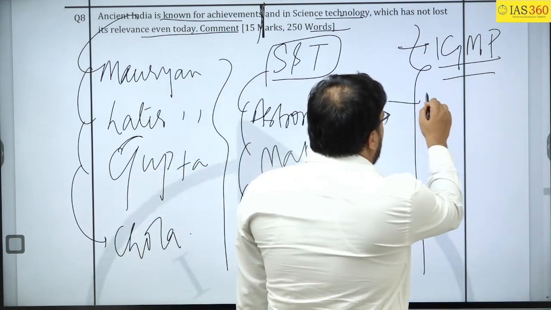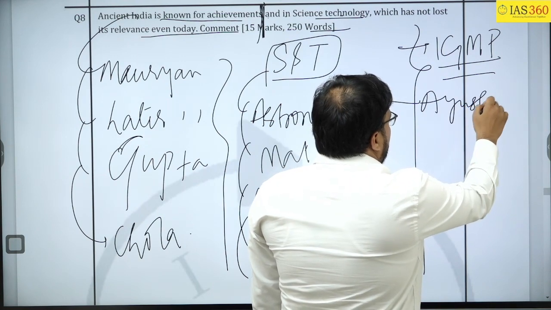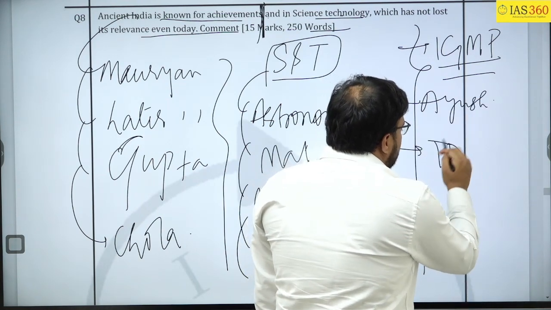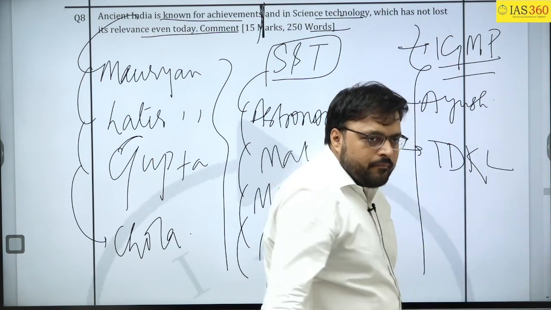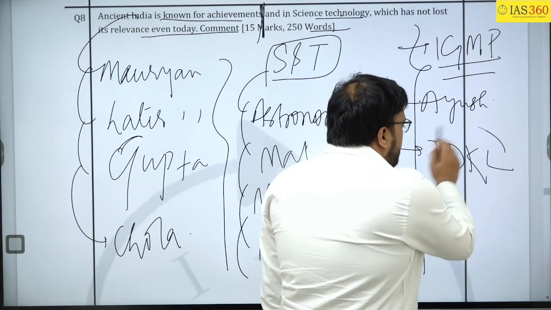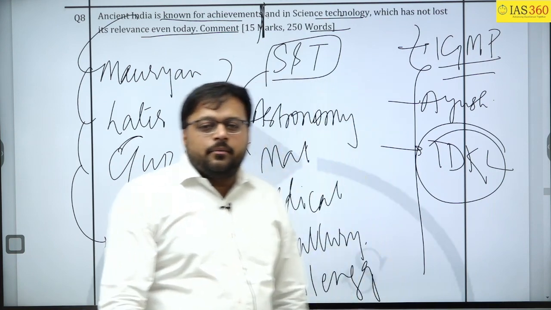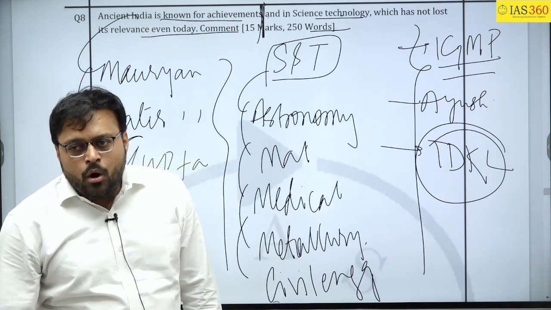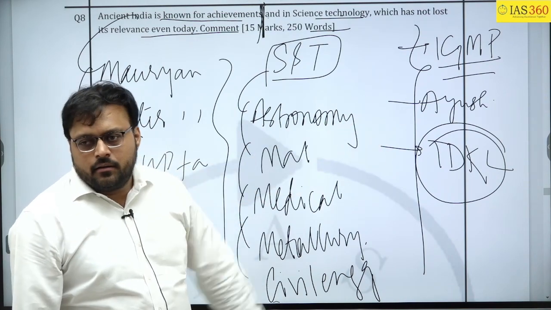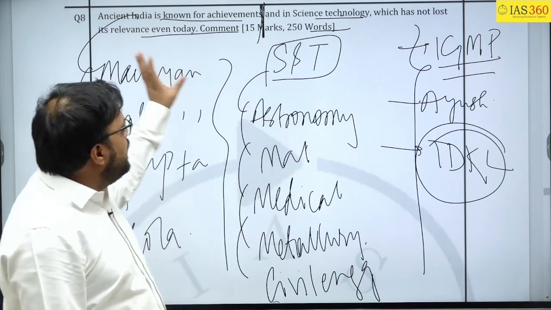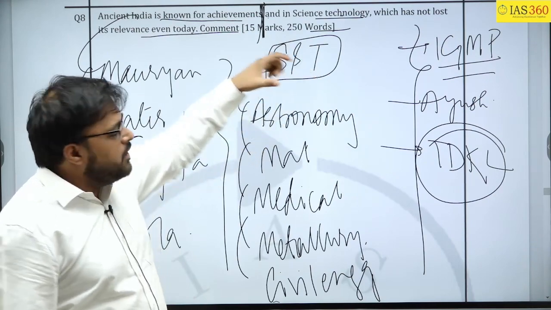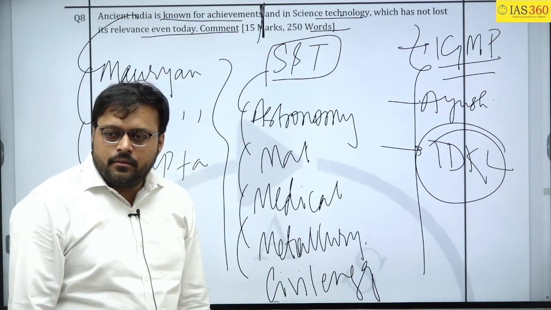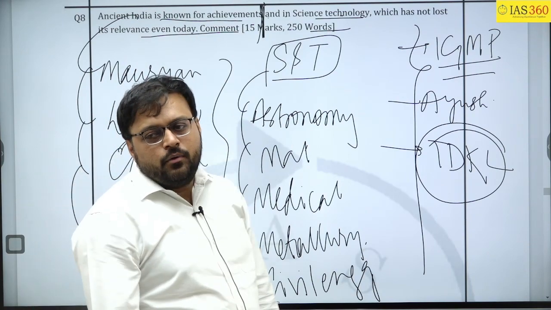Then you can talk about the Ministry of Ayush. Then you can talk about the Traditional Digital Knowledge Library, where the idea of Charak Samhita is there. That is, the plants have medicinal value and therefore we need to protect them. So in this way, there are three parts of the question. First part you are addressing, second part addressing, and the third part. Clear? So in this way, you will have to address this.